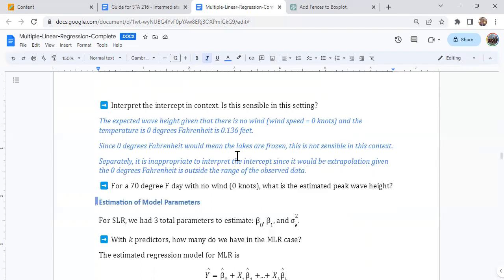Whereas in simple linear regression, we just had one predictor that we needed to worry about. Now it's more difficult. Technically there are even more constraints, but we'll leave it at that.